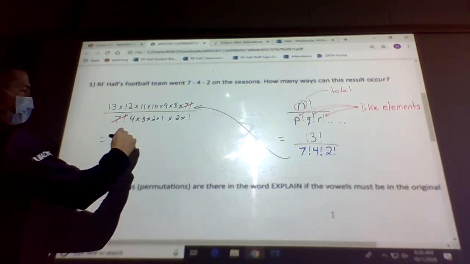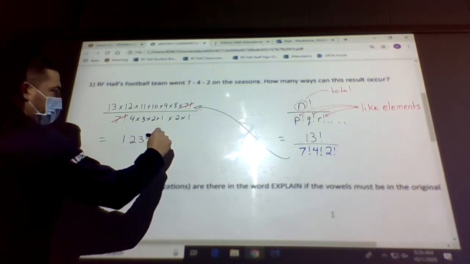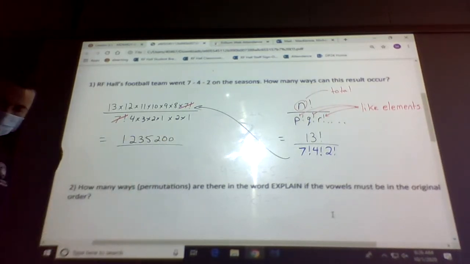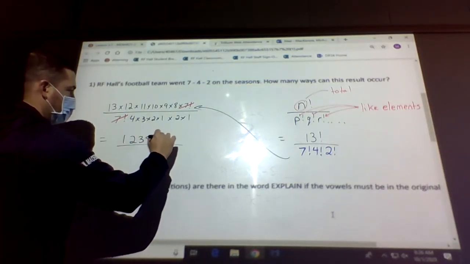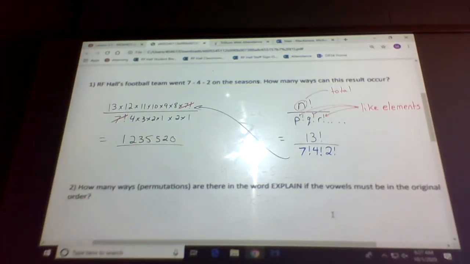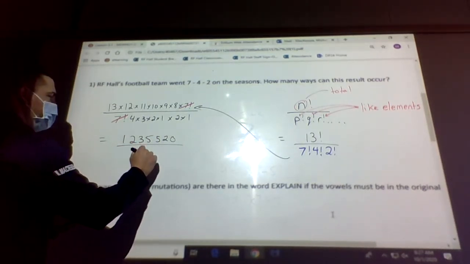So you have 1,235,200 in the numerator. Oh no, 520. 1224 divided by 48.